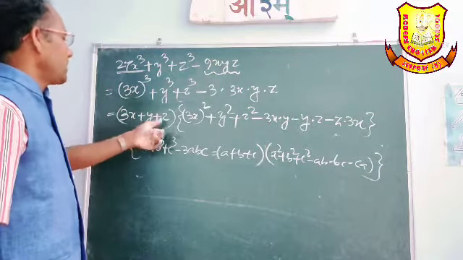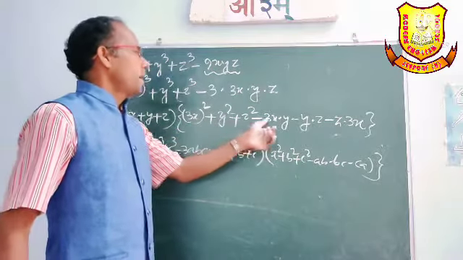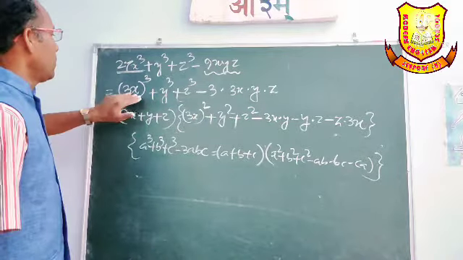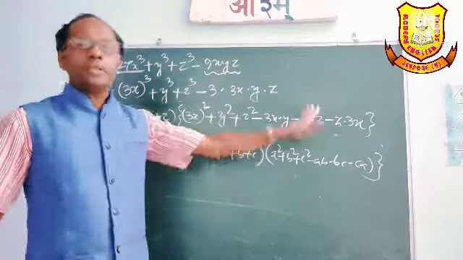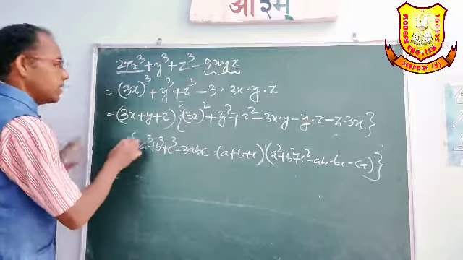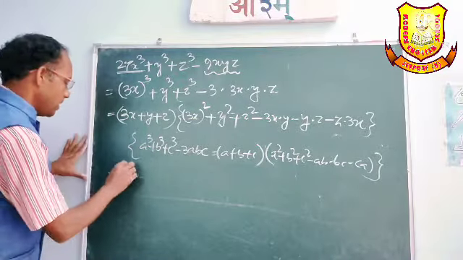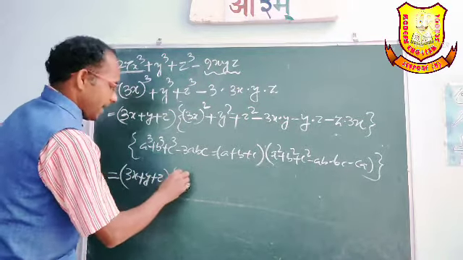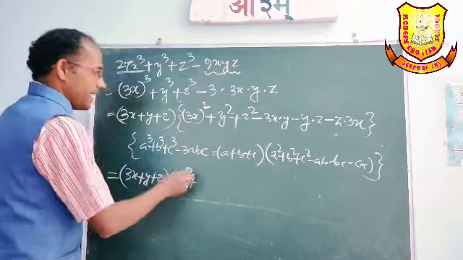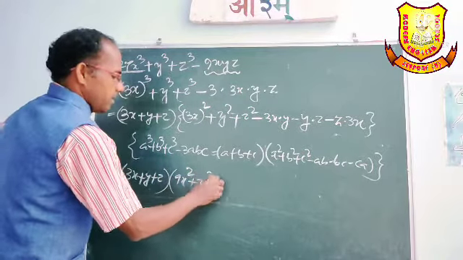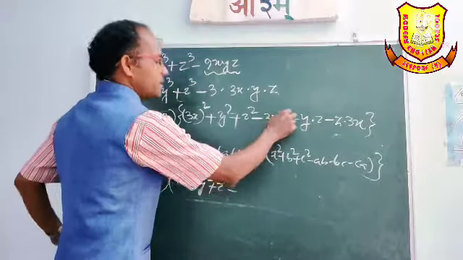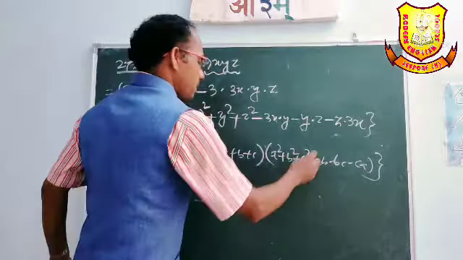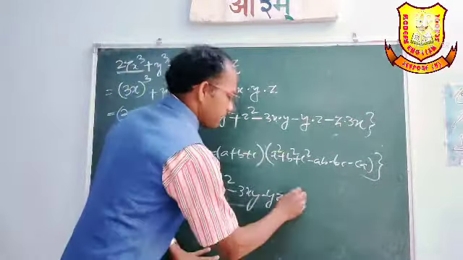So (a plus b plus c) whole into (a square plus b square plus c square minus ab minus bc minus ca). Okay, so that is from a cube plus b cube plus c cube minus 3abc. So which is equal to, you have to write this formula also. Now (3x plus y plus z) whole into 9x square, 3x whole square equal to 9x square plus y square plus z square minus 3xy minus yz minus 3zx.